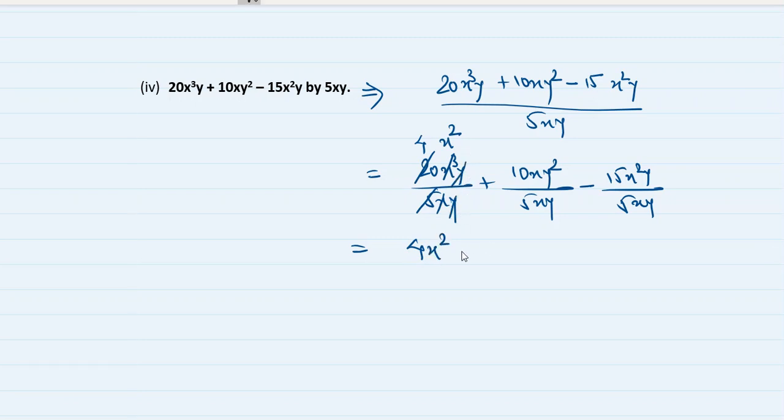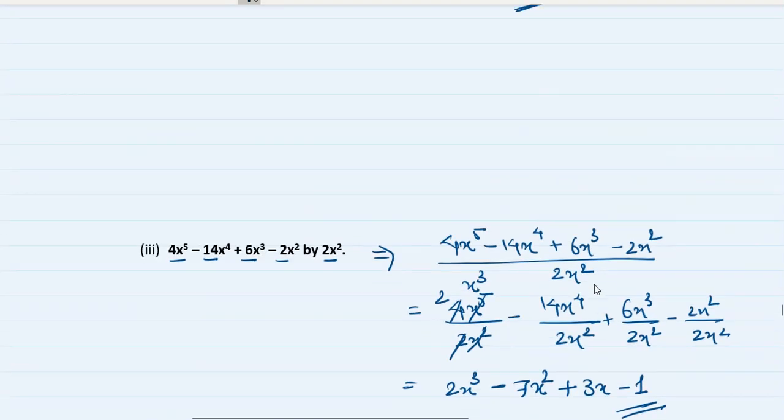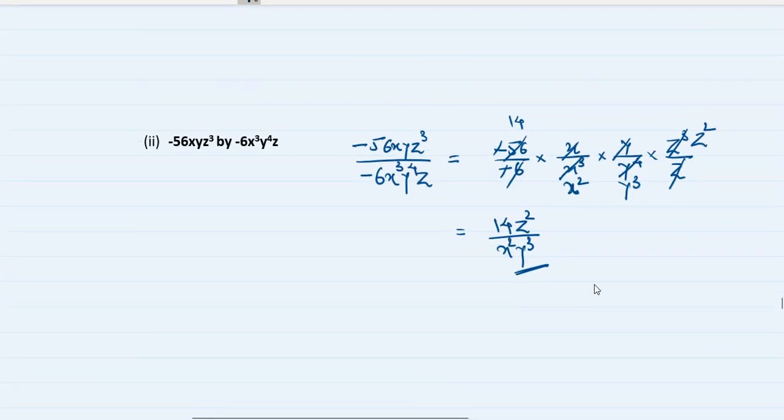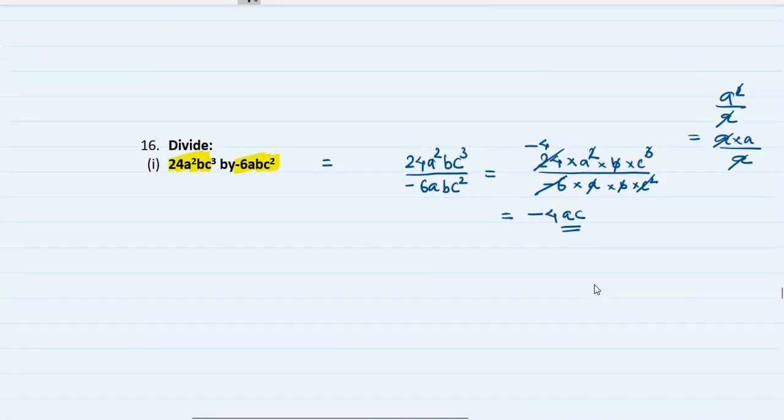So 4x square plus 2, because 5 2s are 10, x gets cut, y and y square gets cut, so you get 2y minus 5 3s are 15, x and the square gets cut, y gets cut, and you get 3x.